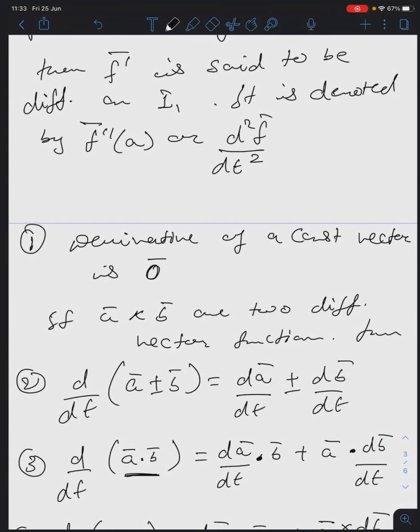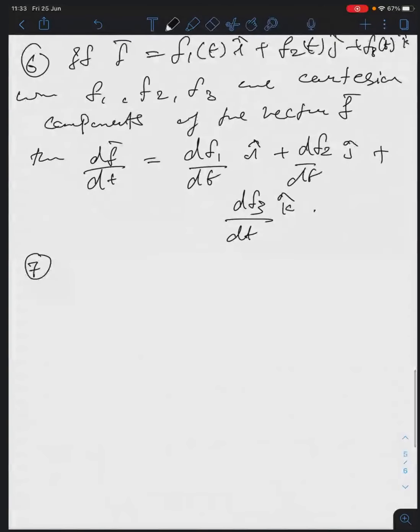In that case only it is possible. So it is both ways. If f bar is a constant vector, then the derivative will be equal to 0. Vice versa, if the derivative of a vector is 0 bar, then that vector is a constant vector. Understood all of you? Yes, ma'am.